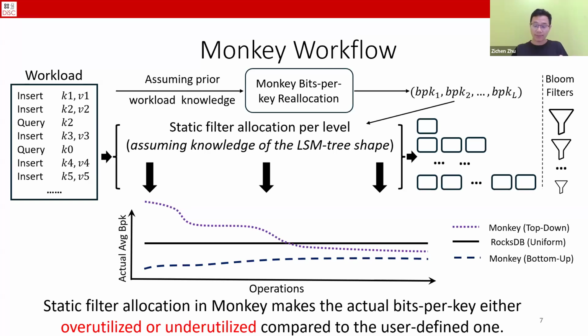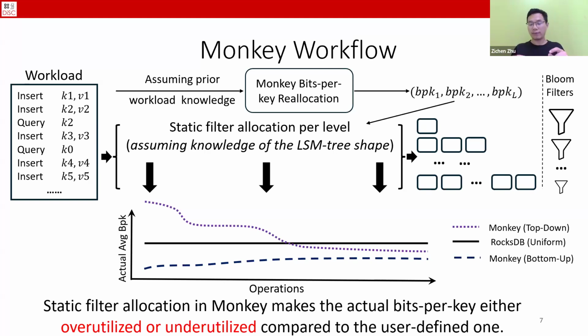If we can recall the results from Monkey earlier, we see that files in shallow levels will naturally have higher bits per key than files in lower levels. And that's why when we are digesting this workload, we will always have the overutilization issue at the beginning. Because the average bits per key is the same as the user configured one, files' bits per key in shallow levels is always larger.